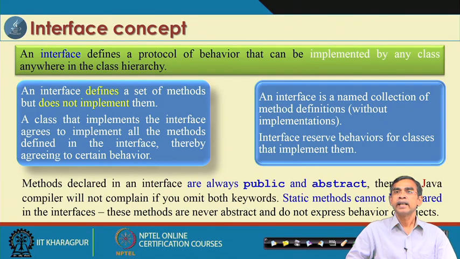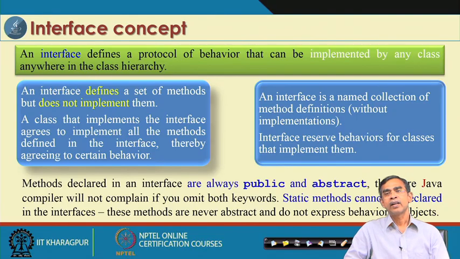That means an interface is a structure, and if you want to create a class with the support of an interface, then it is the responsibility of that class to clearly define all the methods that are there in that interface. And as I told you, all methods in an interface should be declared public and abstract, and by default if you do not declare any access specification, it will be considered public and abstract.